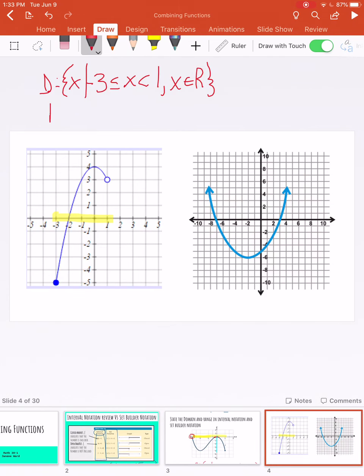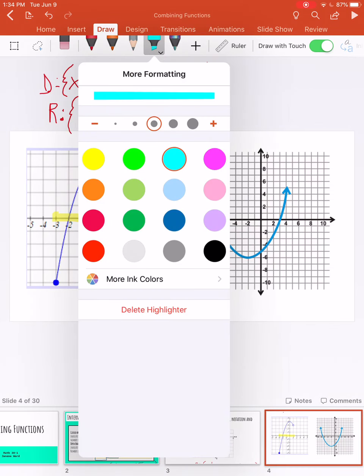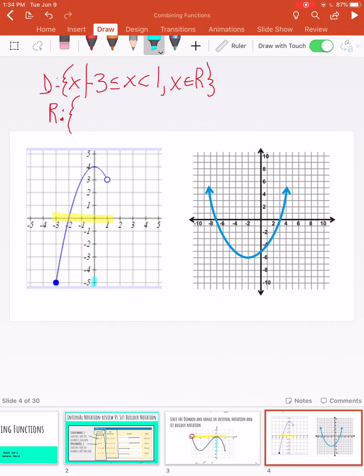Now for my range, I'll look on the y-axis this time. The furthest it goes to the bottom is -5. The furthest it goes to the top is +4. Therefore, for all y values, y is greater than or equal to -5 and less than or equal to +4.